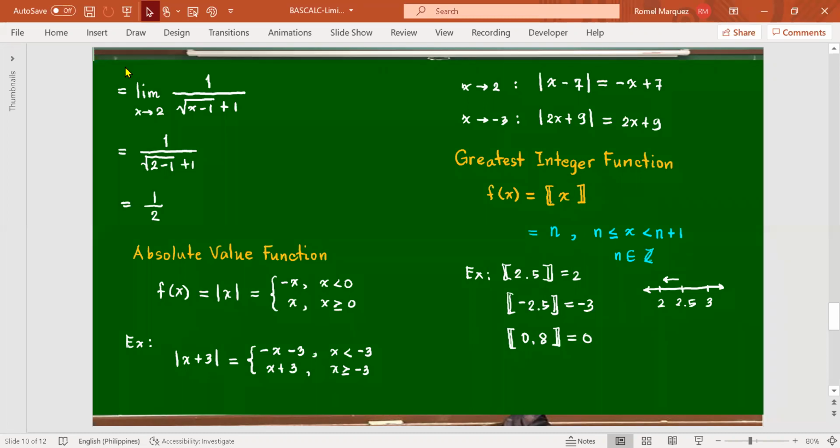Okay? Now, how to simplify greatest integer if you know at least yung value ng x, no? Let's say I have x close to 0 from the right. So, how am I going to remove the greatest integer symbol here? Let's say I have here greatest integer of x. How can I simplify this? So, ano ba yung nasa right ng 0, guys? 0.01, 0.1. Basta huwag masyadong malayo, ha?